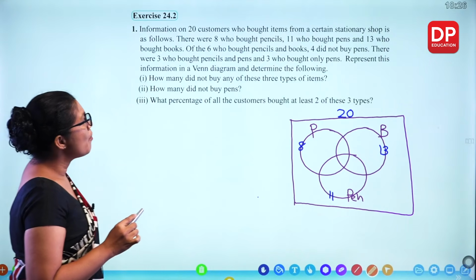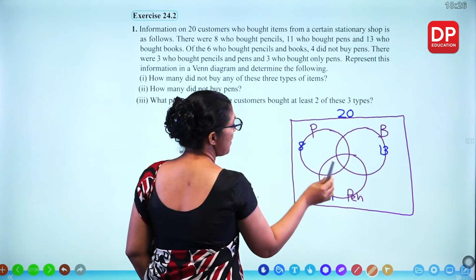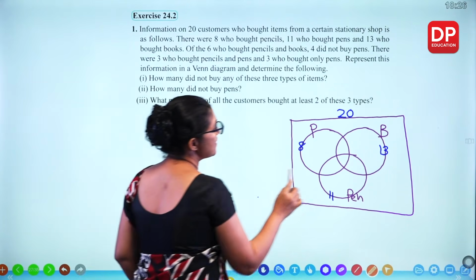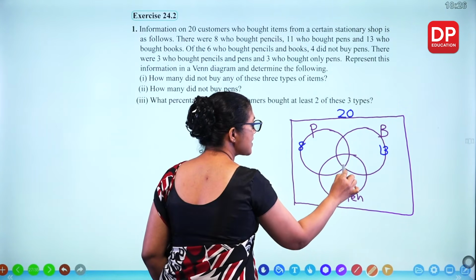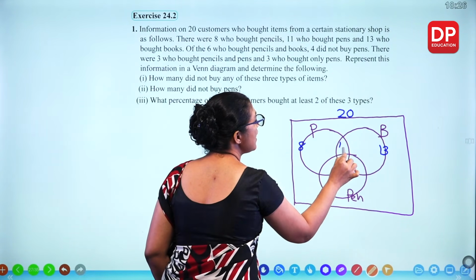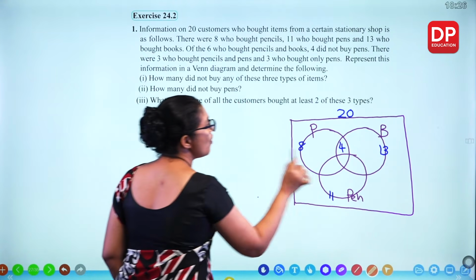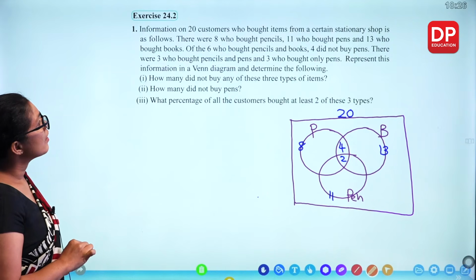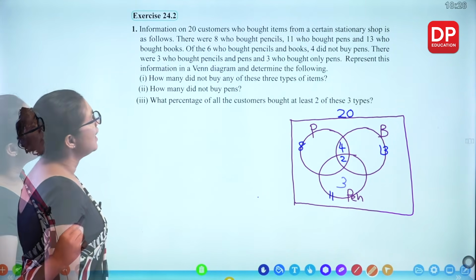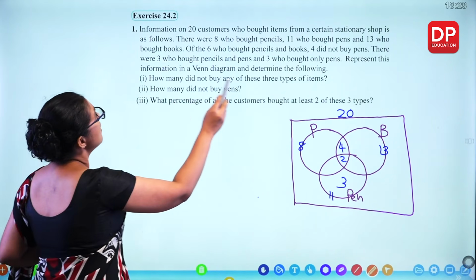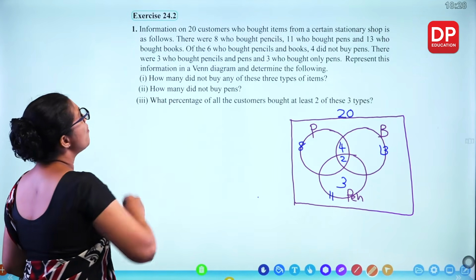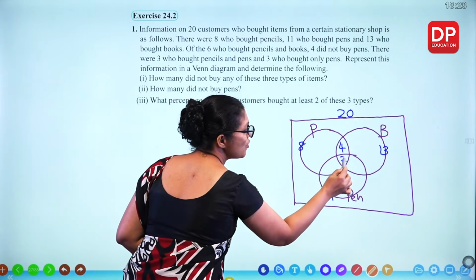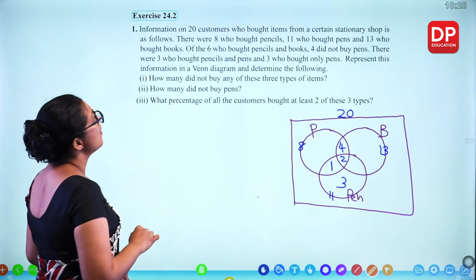Of the 6 who bought pencils and books, 4 did not buy pens. So this is 6, 4 did not buy, that means this is 4 and this is 2. Then, there were 3 who bought pencils and pens. So pencils and pens 3, 2 already there, this should be 1.